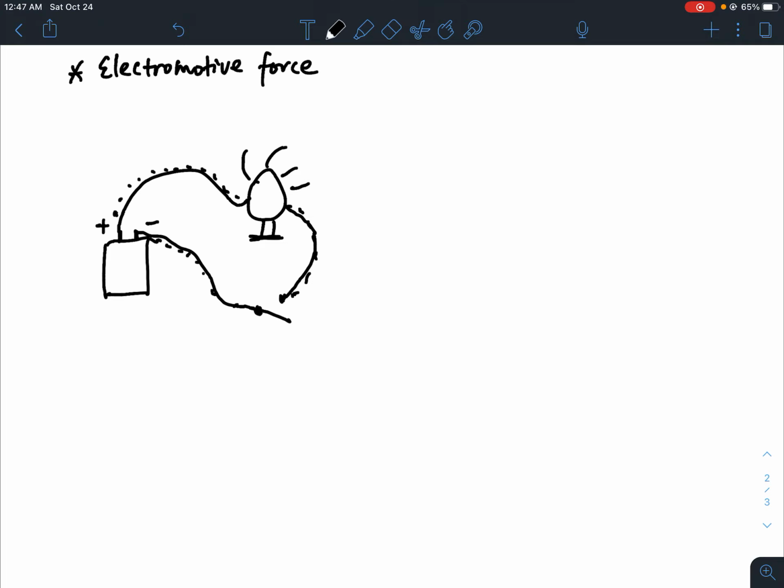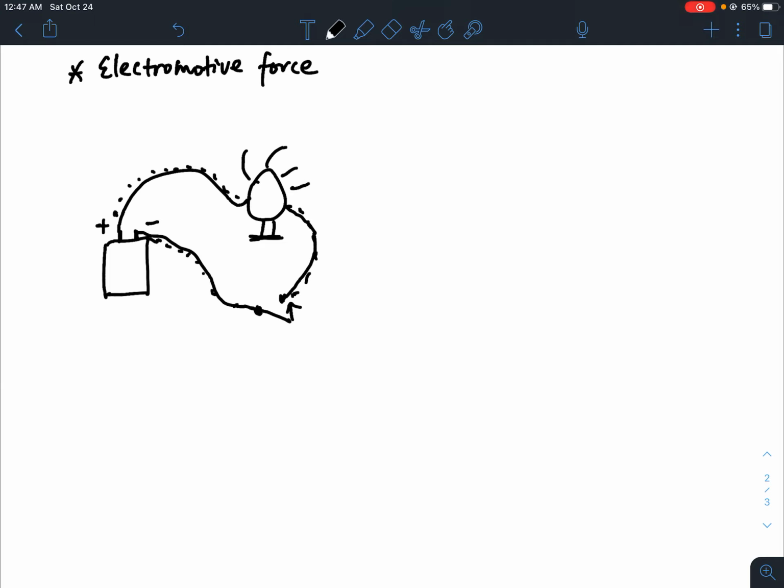Once we switch this on, there is an electric field in this whole wire.